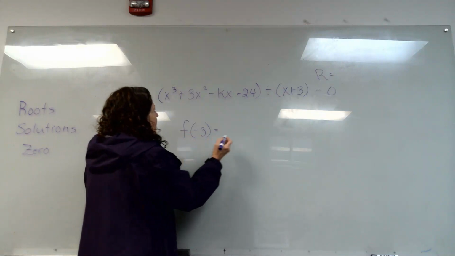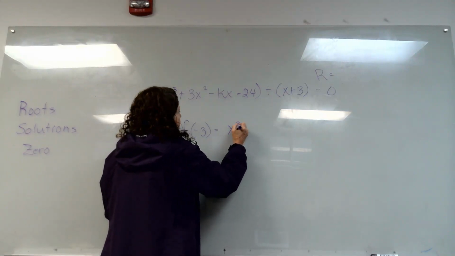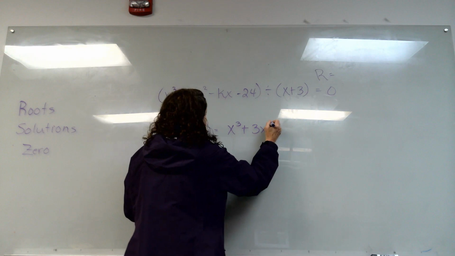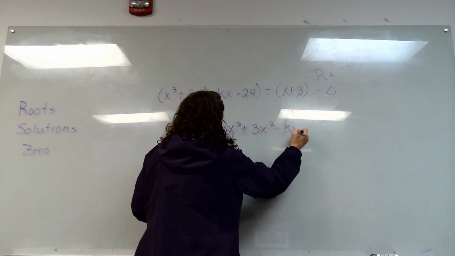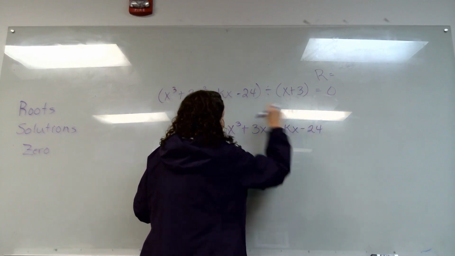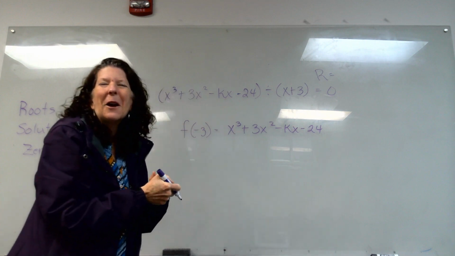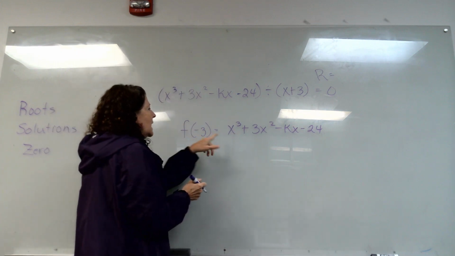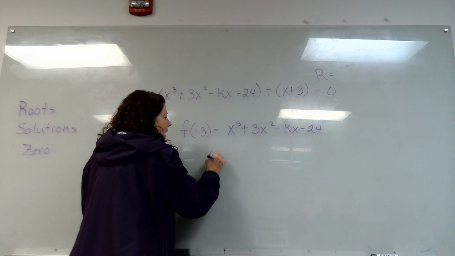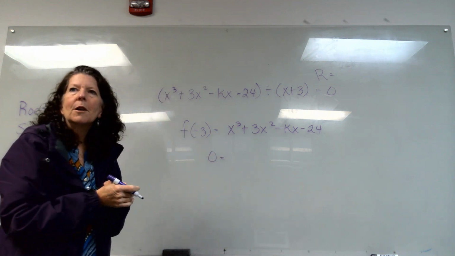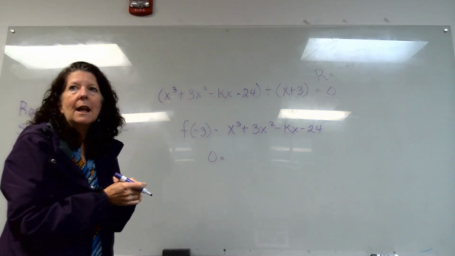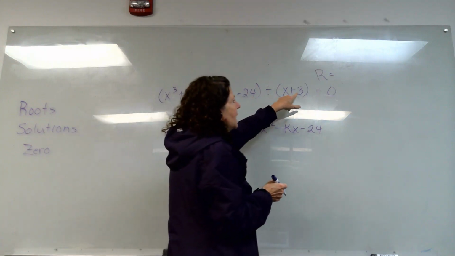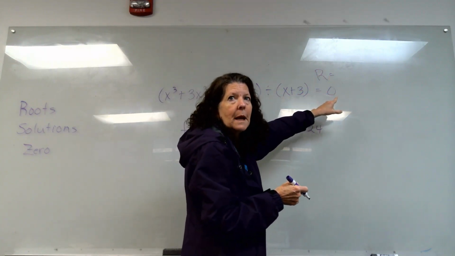So I'm going to plug this in. But I can't use the calculator for this because I got that k in there. So I have to do it by hand, but I know when I plug it in, it should give me a 0 because I have a 0 remainder. And whatever I get when I plug in that number is the remainder.